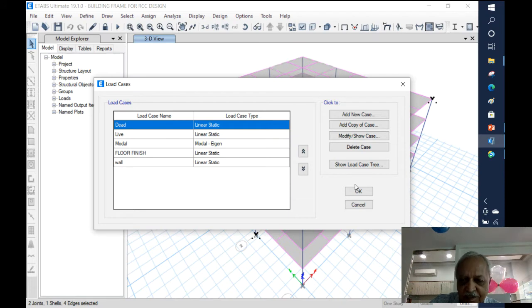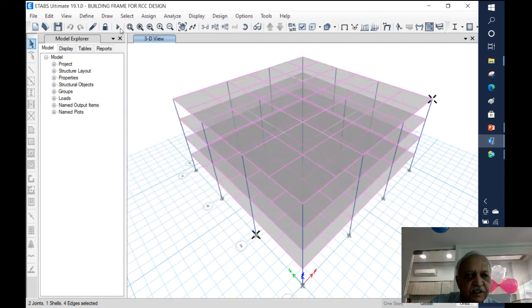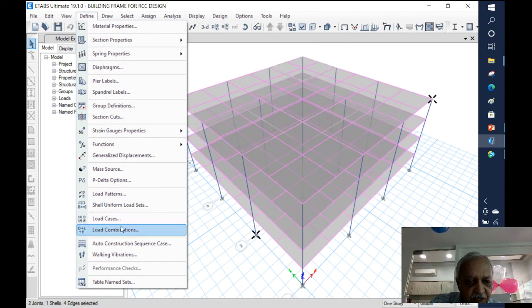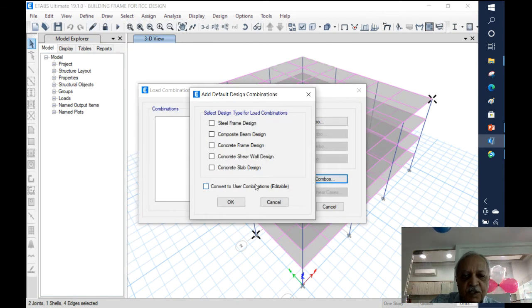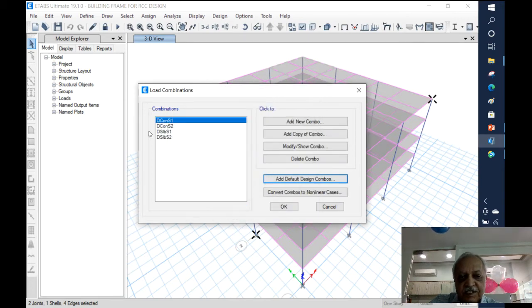I think this model right now we will not discuss; we will discuss it subsequently. And then we have got the loading combinations over here. What kind of structure do you have? We can see over here a concrete frame and a concrete slab, and so on.